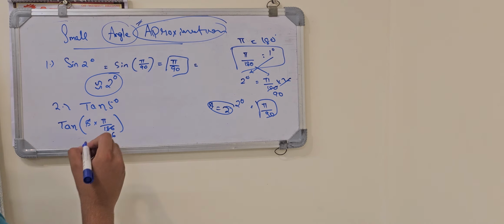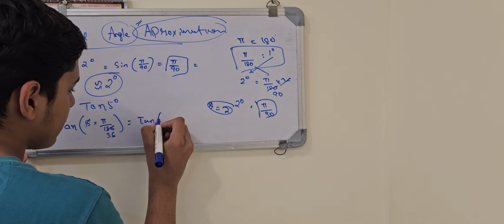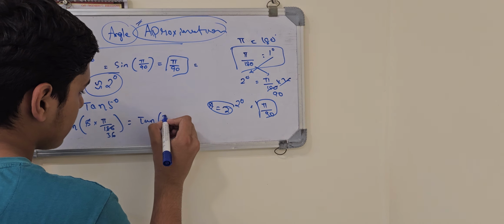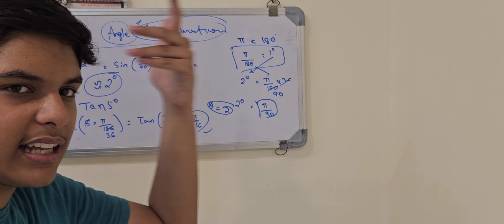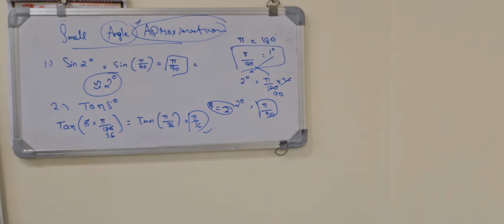So this is equal to tan pi by 36. This will be in radians. I already explained the same thing: I multiplied by pi by 180, and I had derived it last time. So tan 5 degrees is equal to pi by 36.